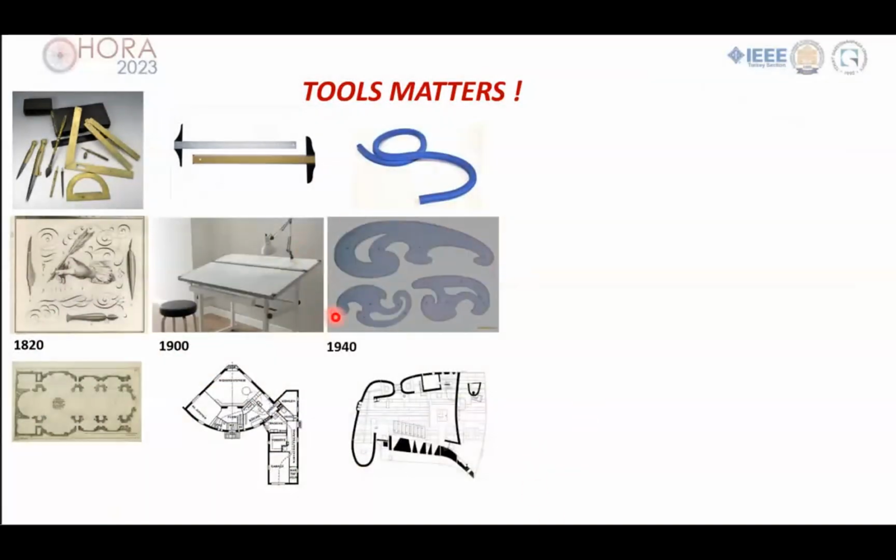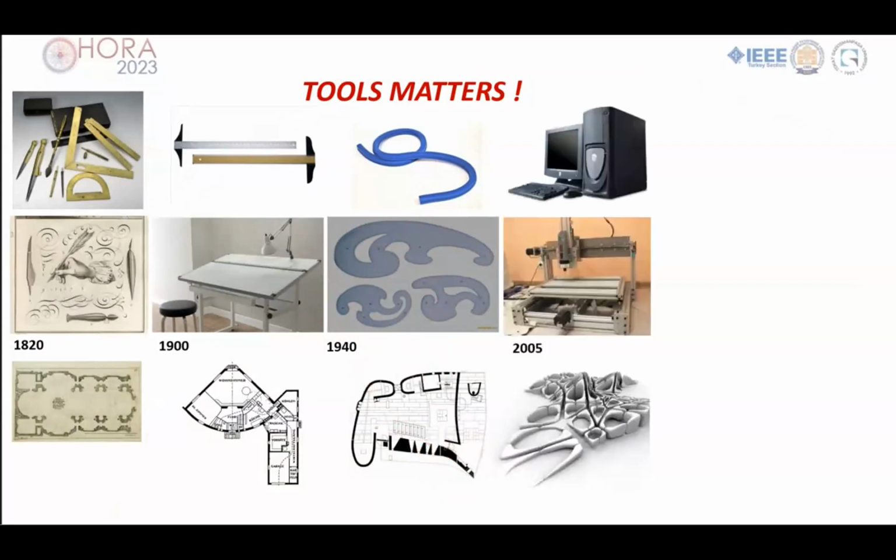After that, we got flexible curve drawing tool. So our plan start to become bend. We can do curve design. Then we got our computer, and we also got in 2005 the 3D printer.